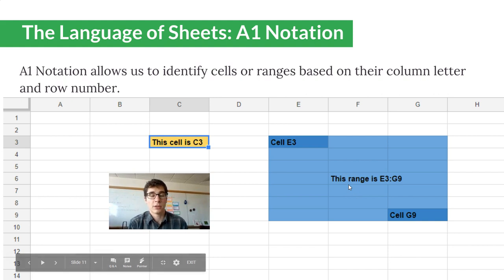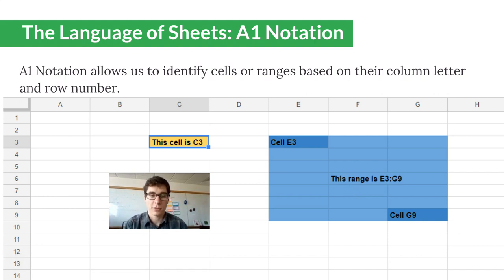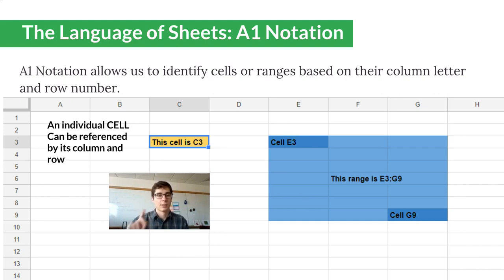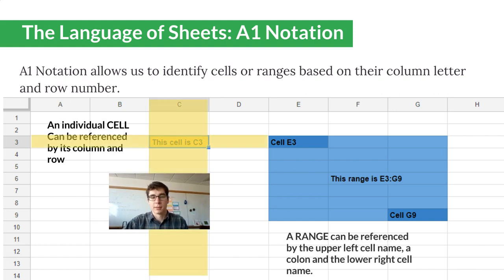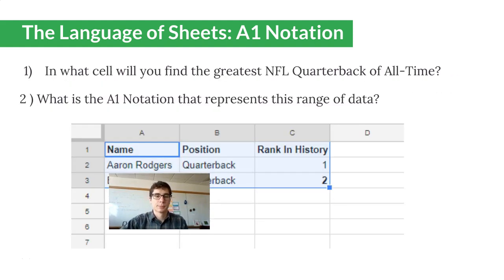Again, the purpose of A1 notation is going to be very apparent to you once you get into the next module, because it's how we're going to reference data to do fun formulas and functions with. An individual cell can be referenced, as well as an entire range.